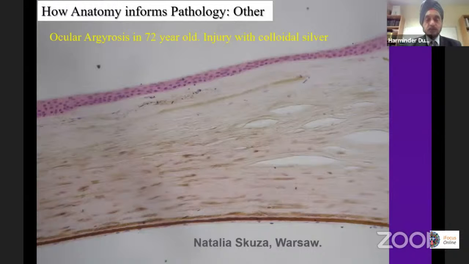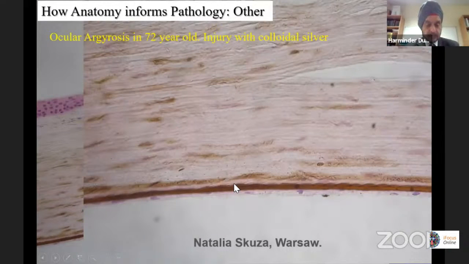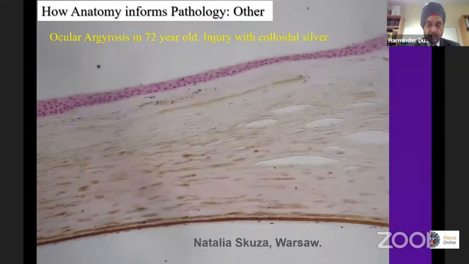And people from all over the world have been sending things. This patient had an injury with colloidal silver, and they had to do a graft. So they took the cornea off. And what he said is, he's not a cornea surgeon, but he made a very astute observation. The lady, Natalia, said that I noticed that the pre-Descemet layer is not staining.